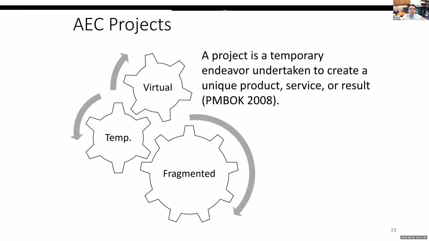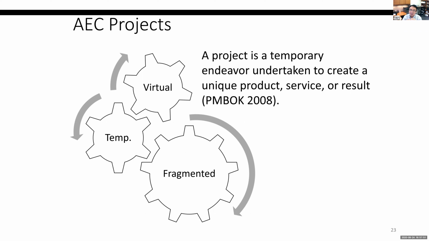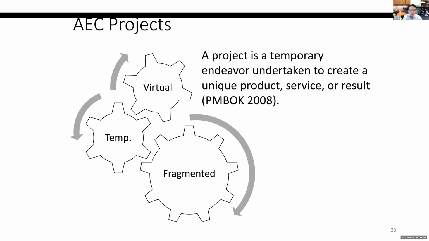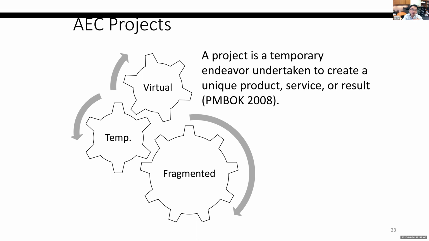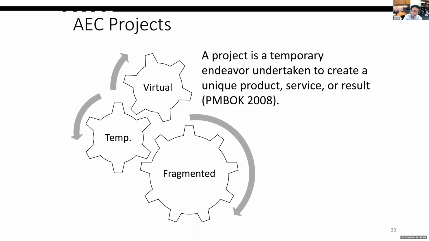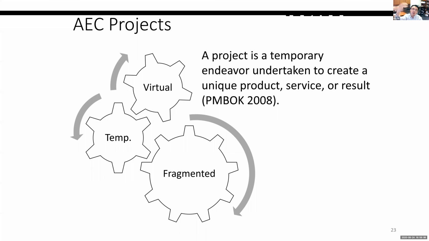So the team will be dismissed and then you shake hands, wave bye-bye and work with other teams. It's very difficult for the construction team to build a long-term, trust relationship. So it's more of a temporary virtual team, a fragmented team. You don't share the knowledge from the previous projects.